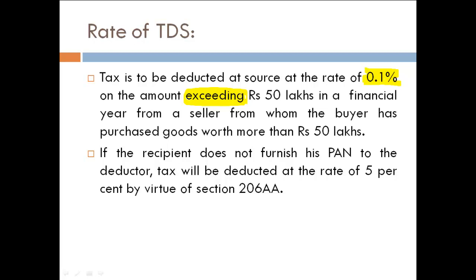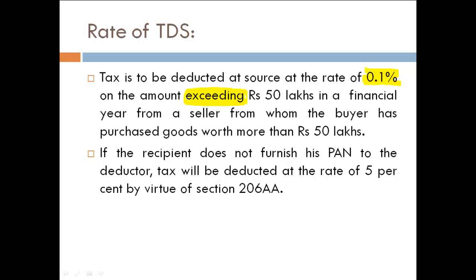So, for example, if it is 60 lakhs, you have to deduct 50 lakhs and 0.1% will be leviable on the 10 lakhs, by which the payment or the transaction is exceeding rupees 50 lakhs in a financial year from a single seller, right, from whom the buyer has purchased goods worth more than rupees 50 lakhs.